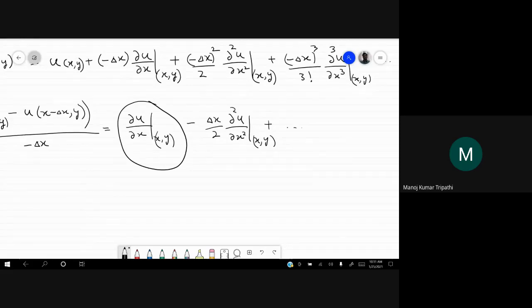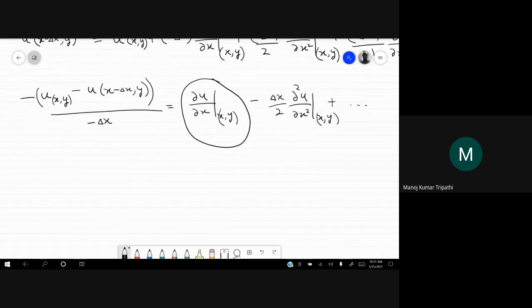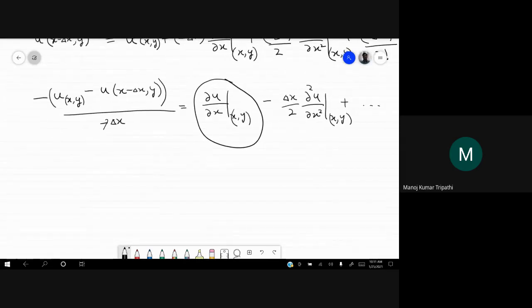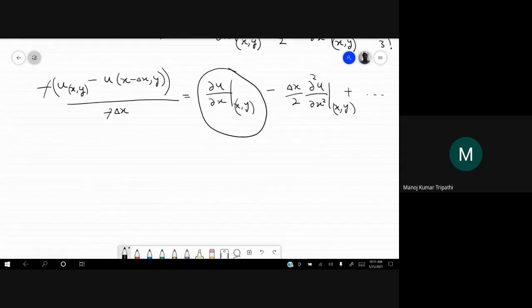So I'll just write dot dot here. These two minus signs cancel out. In terms of indices, you can write u i comma j minus u i minus 1 j by delta x.